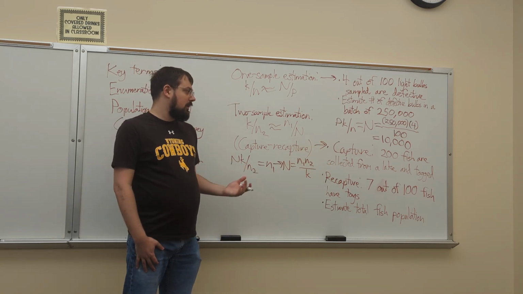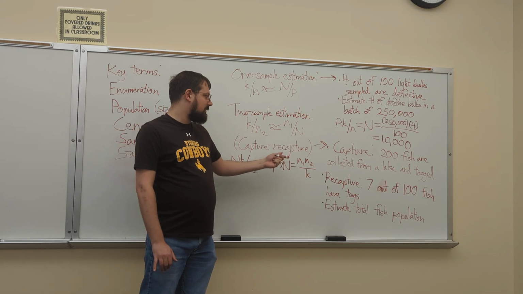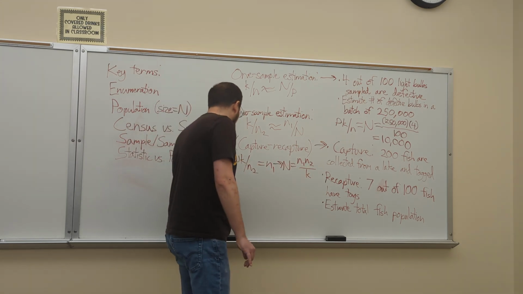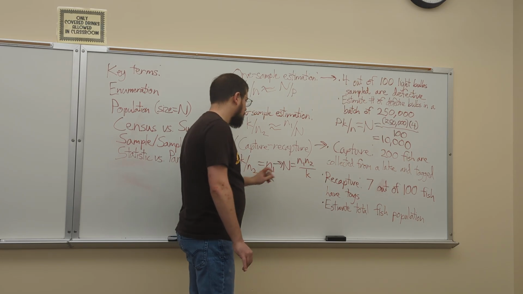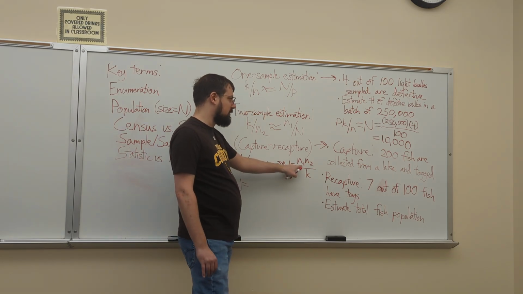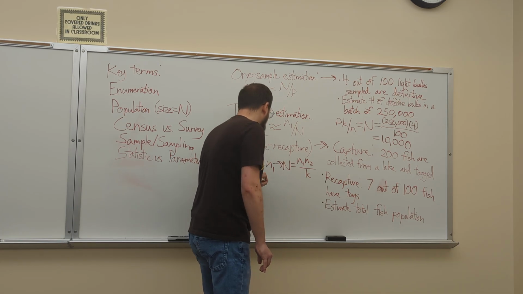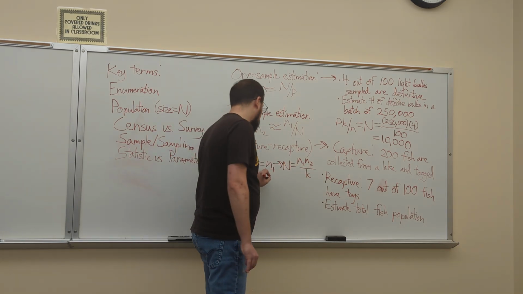So if we plug in everything for this, basically, we have N equals N1, this is the size of our first sample, so that would be 200, times our second sample size, that would be 100.